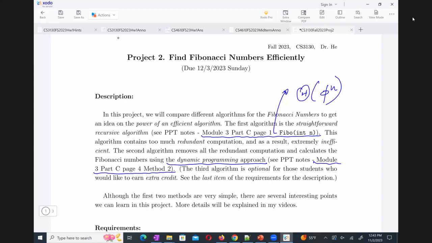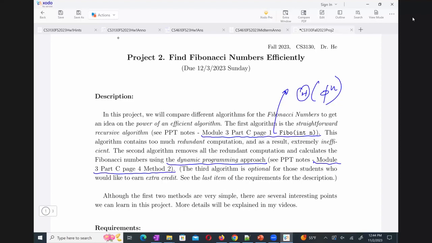Through this project, we try to feel it. Very bad algorithm. Useless. When you have an exponential algorithm, just drop it, throw it away.